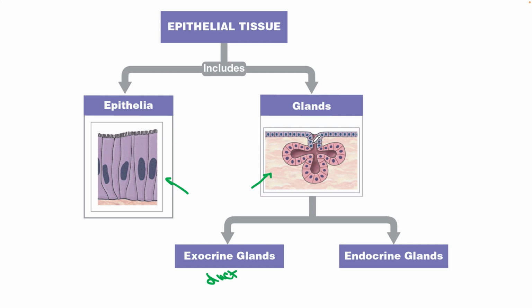You can see a duct right here. So they all secrete into a common area, and then whatever they're secreting leaves. Or endocrine glands, which secrete directly into the blood. Sweat glands and mammary glands are examples of these exocrine glands. Pituitary gland, or maybe the ovaries, are examples of endocrine glands. We'll learn more about endocrine glands in the endocrine system.